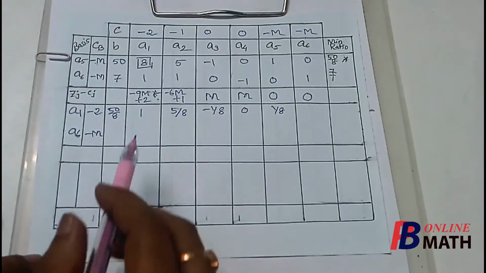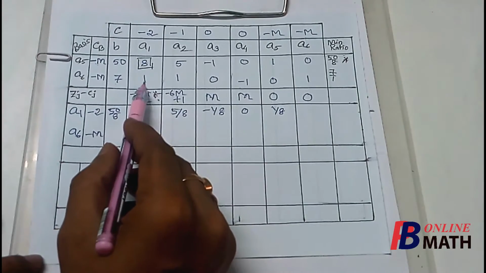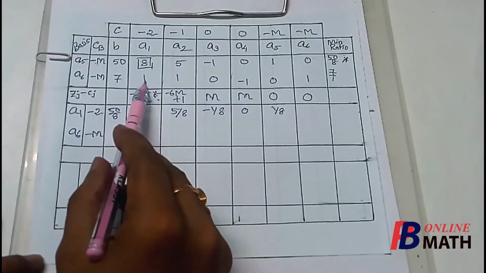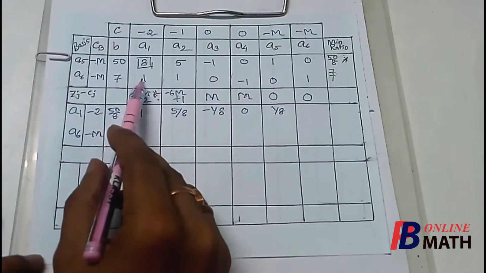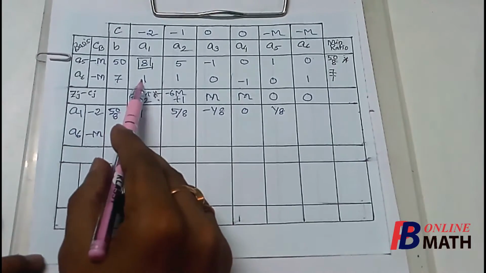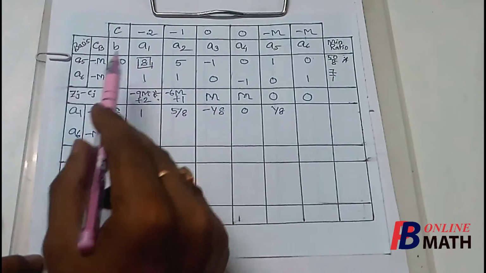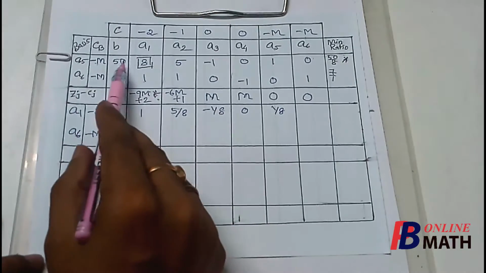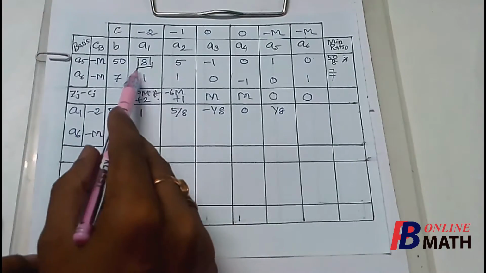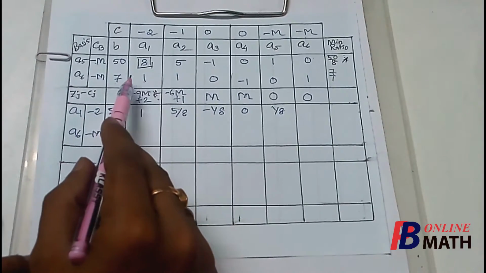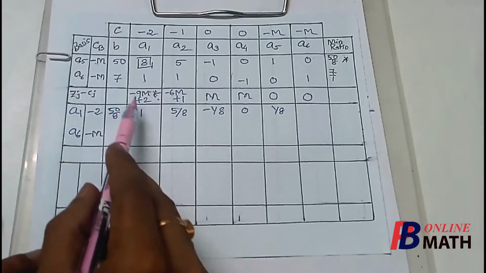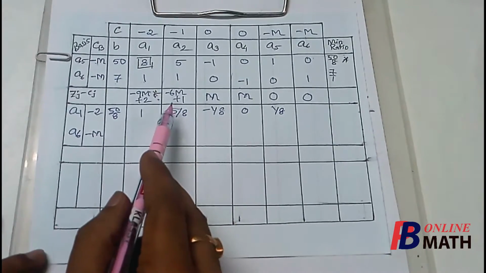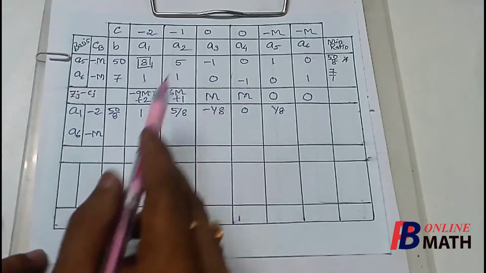And next we have to make this element 0. So this element can be made 0 if we apply the operation R2 dash is equal to R2 minus 1 by 8 into R1. Now we have already computed R1 by 8. So this can be made 0 if we apply the row operation this row minus this row, because this row is nothing but 1 by 8 of this row.